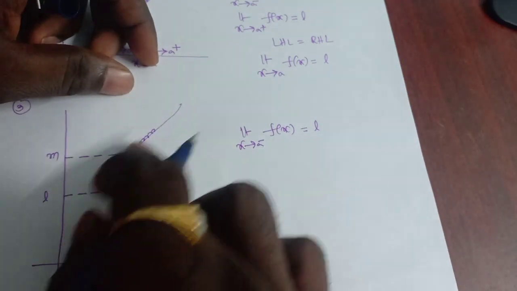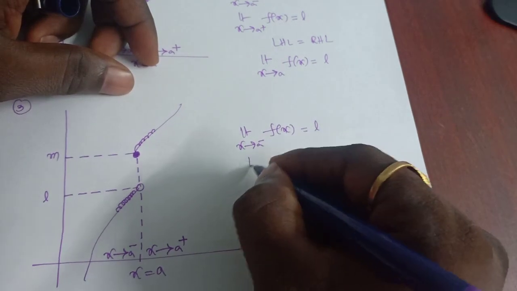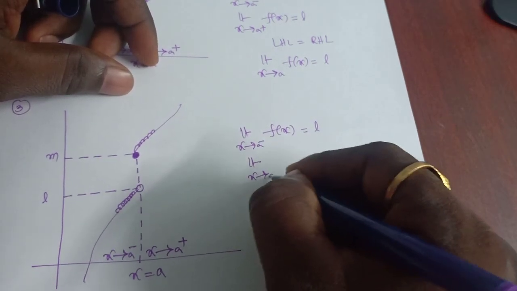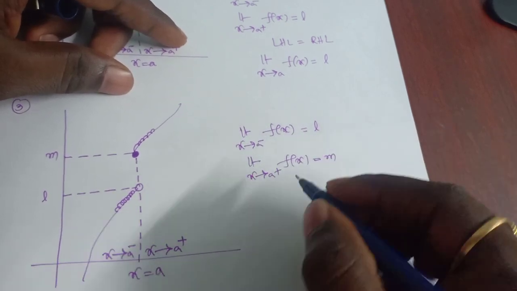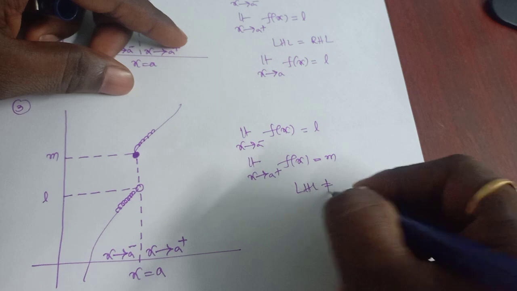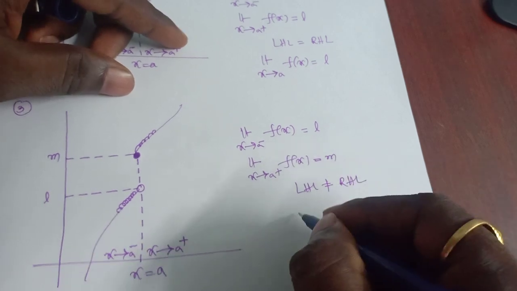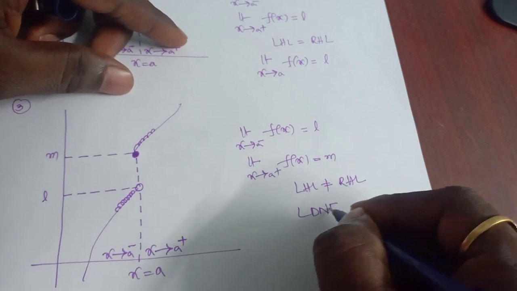The function value approaches m. So it is a different value. Limit x tends to a plus f of x is equal to m. Here the left hand limit is not equal to the right hand limit. That means the limit does not exist.